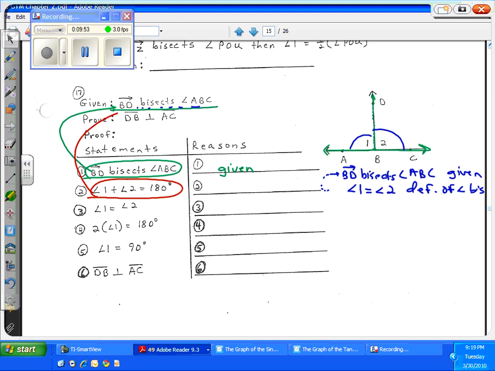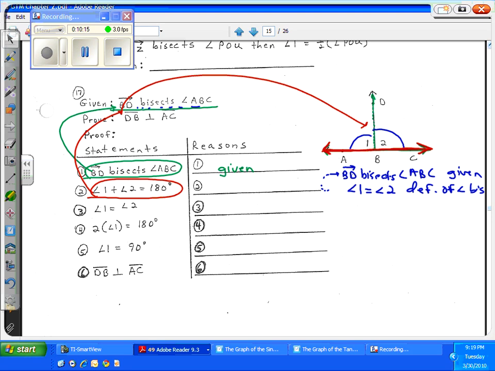So angle 1 plus angle 2 is equal to 180. We look in the given and it's not there, so we move on to the diagram. And we know that those add up to 180 because we know they are a linear pair. Together they make a straight line. We could say definition of a straight angle.